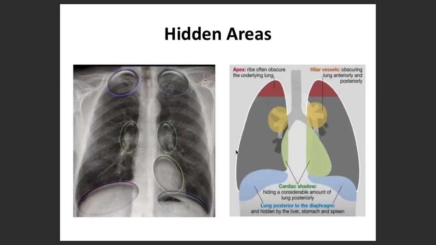In hidden areas, it's not always so clear. So what are those hidden areas? At the apices, there are ribs which obscure them, so that is why they are slightly hidden. Then come the cardiac shadows, because they hide portions of the lung as well.